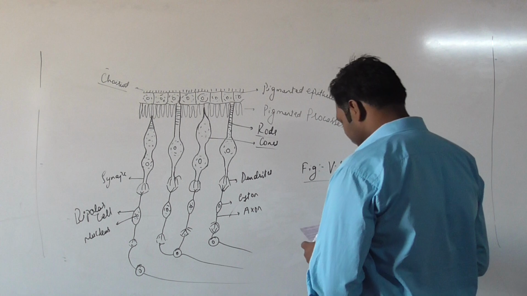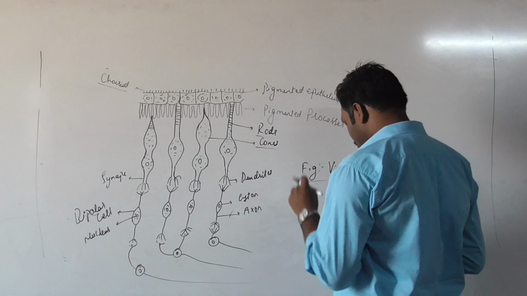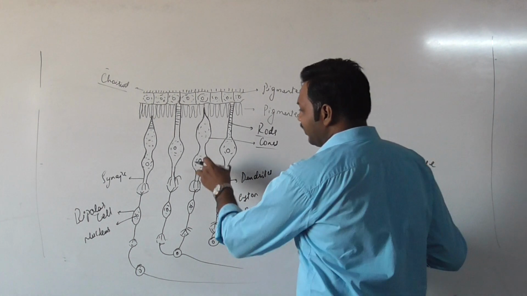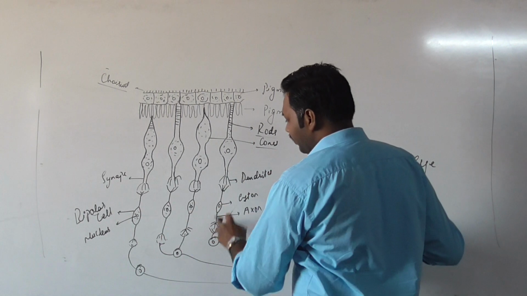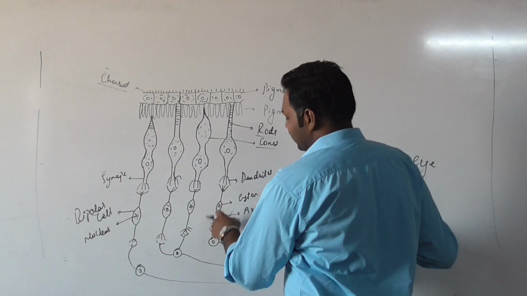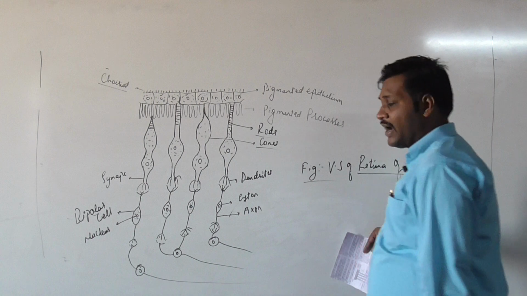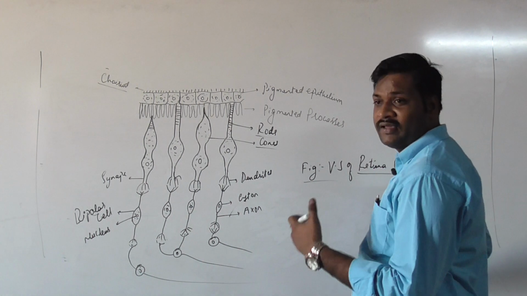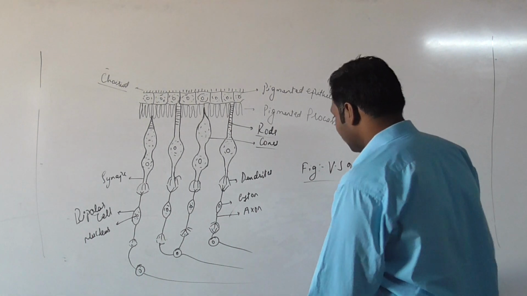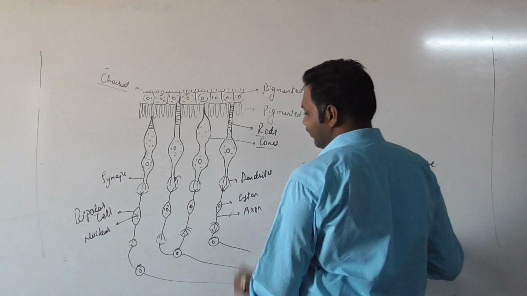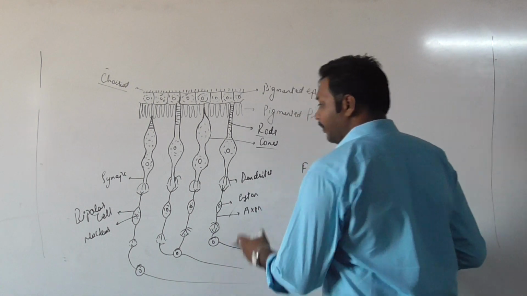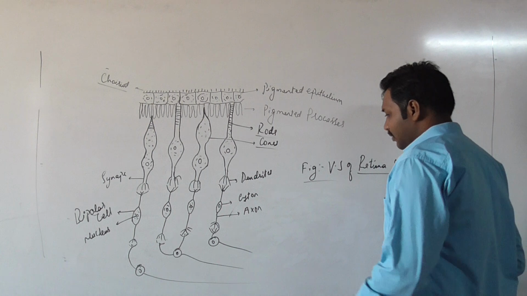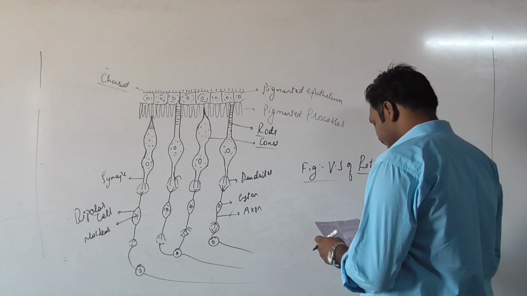Then it has a layer of bipolar neurons. Bipolar means a single cytosol with the extension of two axons. Bipolar nature means two synaptic ends to a single neural cell.